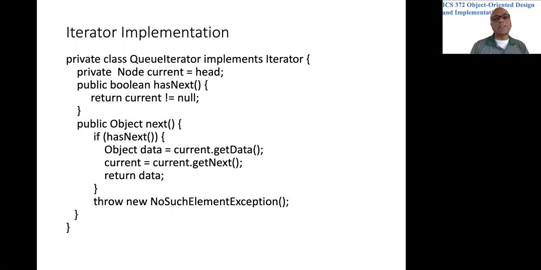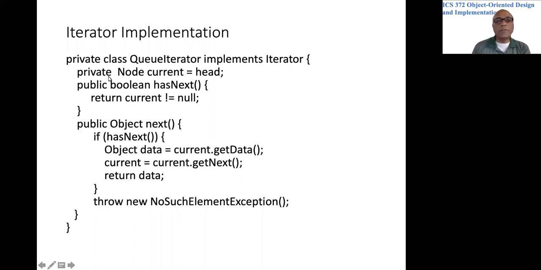We want to hide this. This is a very good way of encapsulating the information. We don't want to divulge anything more than what should be made known to others. So private class QueueIterator implements the Iterator interface, which is in java.util. And let's look at the code here.